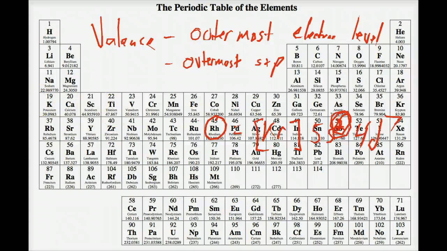I could pick anything. If I pick anything from over here, it would have one valence electron. Cesium would have one valence electron.